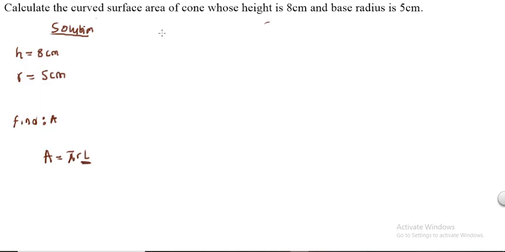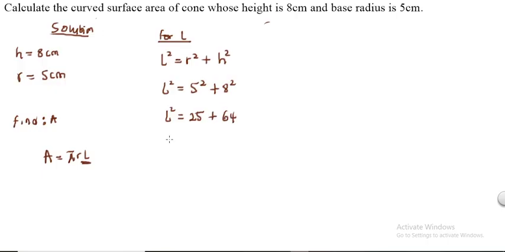To find the slant height, you can use the formula I showed you earlier: l squared is equal to r squared plus h squared. Substituting the values, I'll have 5 squared plus 8 squared. So l squared is equal to 25 plus 64, which is 89.